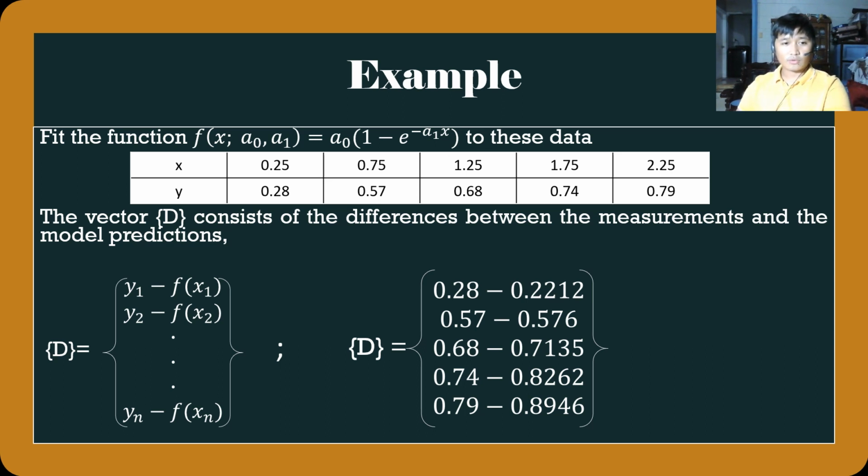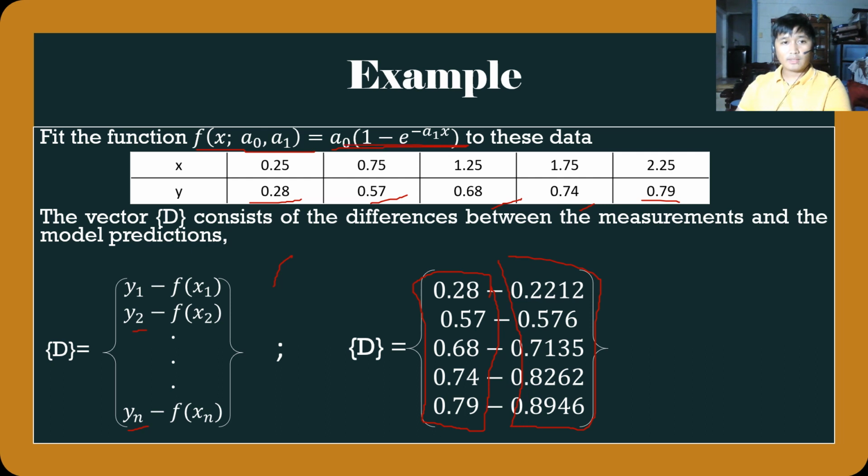Again, for y sub 1, the value used here is this one, then the same for y sub 2, this one, up to y sub 5, this one. So these are the values for y sub 1 to y sub 5 corresponding to this table here. And then this part here is the function of x sub 1. So for the function of x sub 1, we are going to use this formula here.